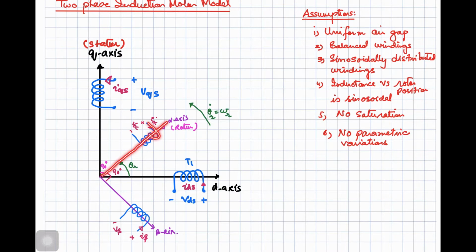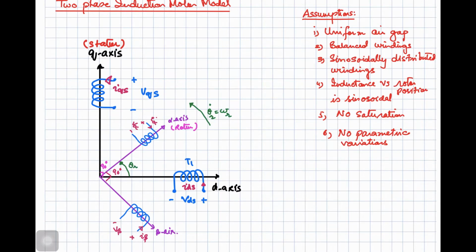Let's suppose that the rotor winding is also two-phase. One phase is shown over here, the other phase is shown over here along the beta axis. Alpha and beta represent the rotor axes, and the D and Q axes in this diagram represent the stator windings. We have two stator windings and two rotor windings placed at the respective axes.